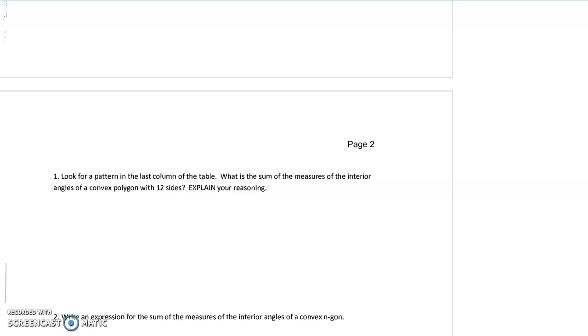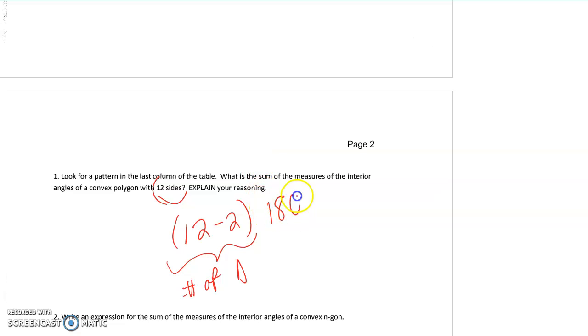So if you look to try to discover what the pattern is here, if you have a figure with 12 sides, I know that minus 2 is going to get me the number of triangles. And if I take that number and I multiply by 180, that's going to tell me how many degrees is in it. So 10 times 180 gives me 1800 degrees.